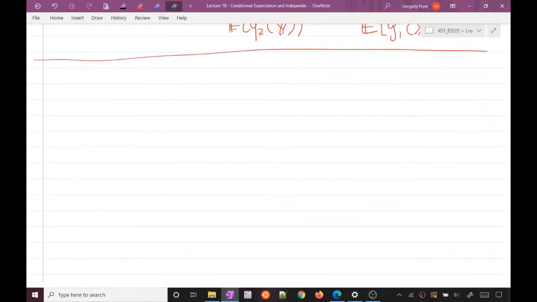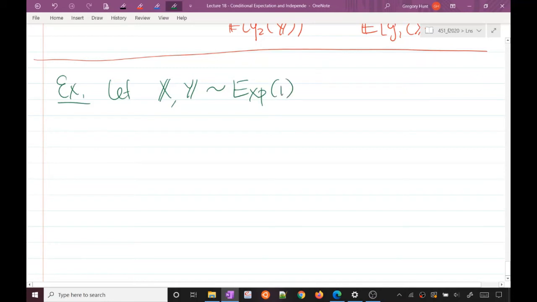So let's look at an example of this. Let's assume we have two random variables, x and y, and they're both going to have an exponential 1 distribution. So it's an exponential distribution with my rate parameter as 1. And if I assume x is independent of y, I can calculate all sorts of complicated expectations.